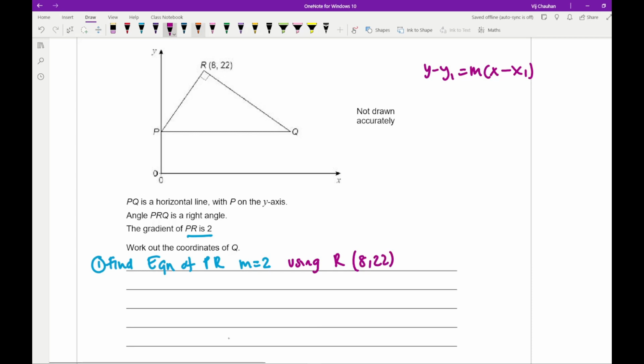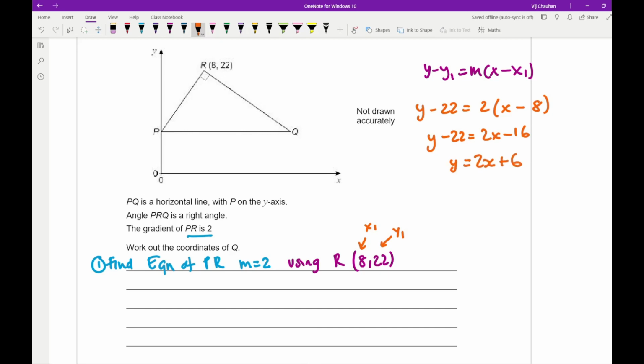So this is my x1 value, this is my y1 value. Substituting numbers in, we get y minus 22 equals 2 lots of x minus 8. If I expand the brackets, I get y minus 22 equals 2x minus 16. Add the 22, and I get y equals 2x plus 6.